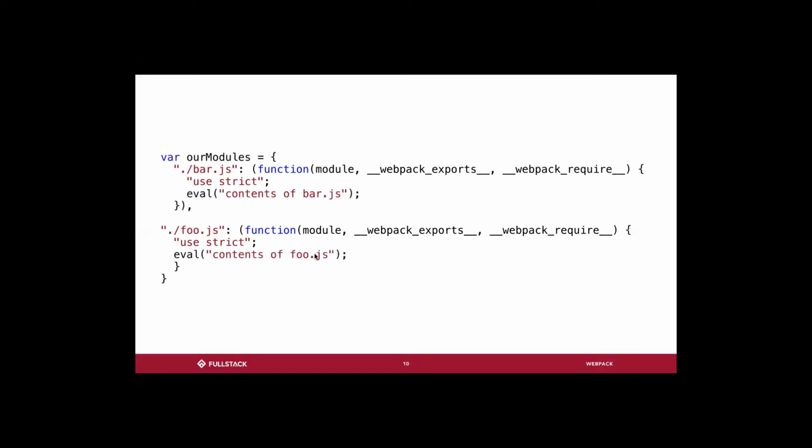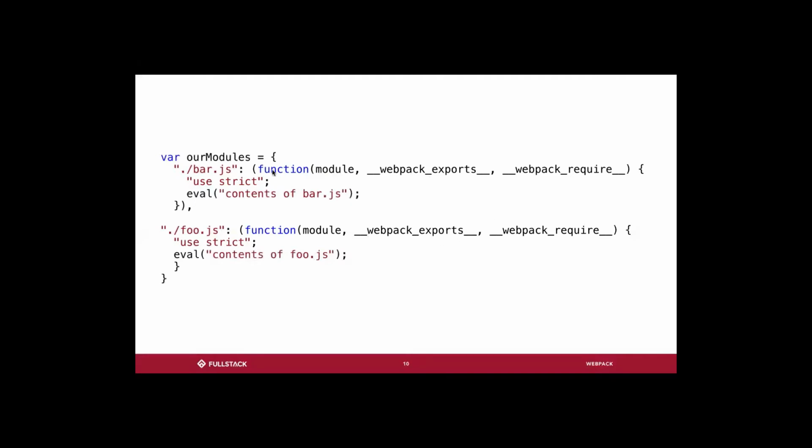And what Webpack has done that's interesting is it has gone through your source code, read it as a string, and replaced any instance of import, export, and things like that with these values on scope here: module, Webpack exports, and Webpack require.